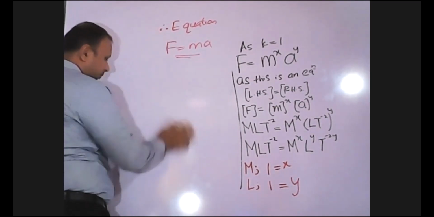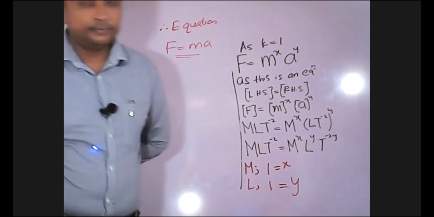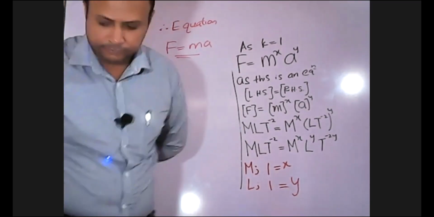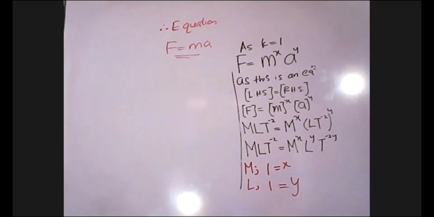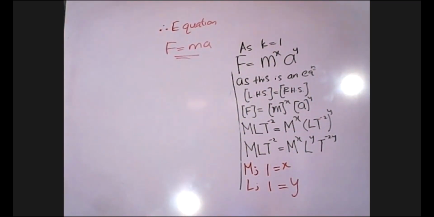Excuse me, sir. So now we can say that F equals constant multiplied by M to the power of something, and F equals constant multiplied by A to the power of some power. Then can we say that force is being multiplied by force again?